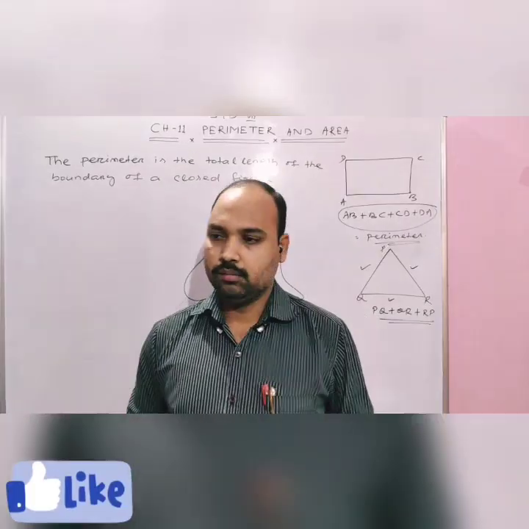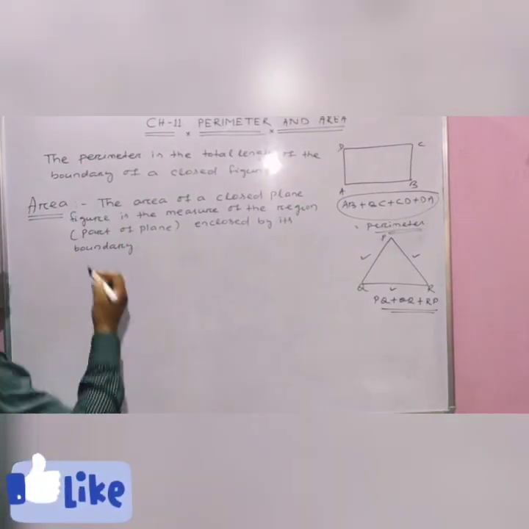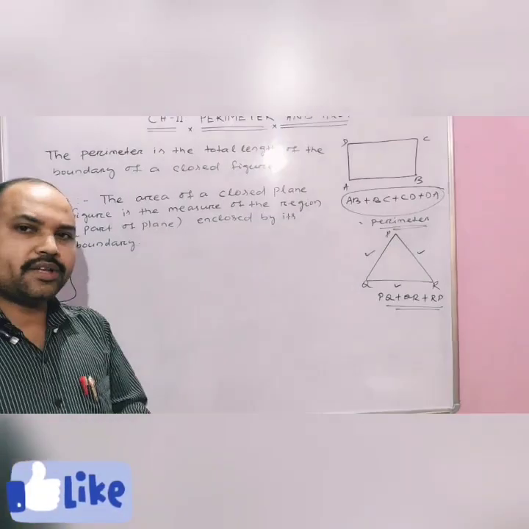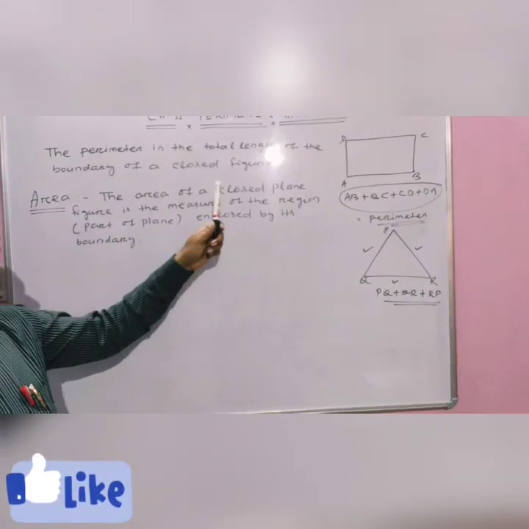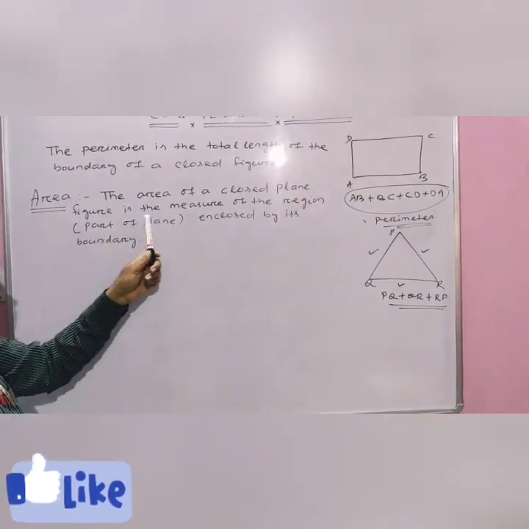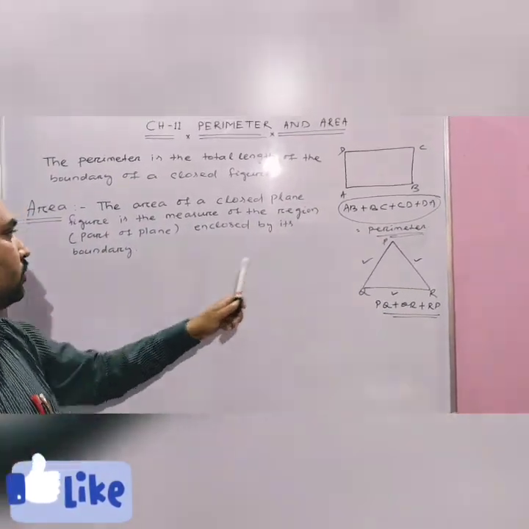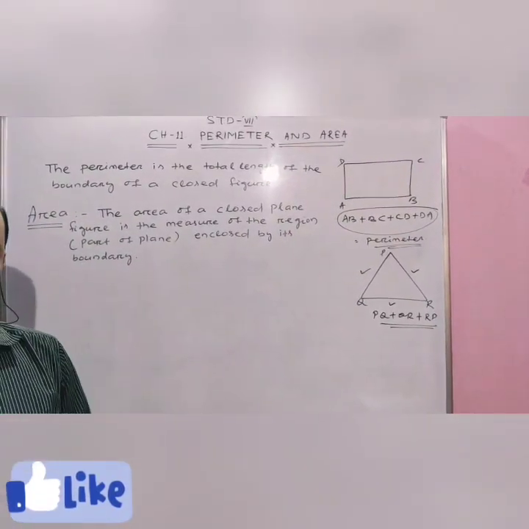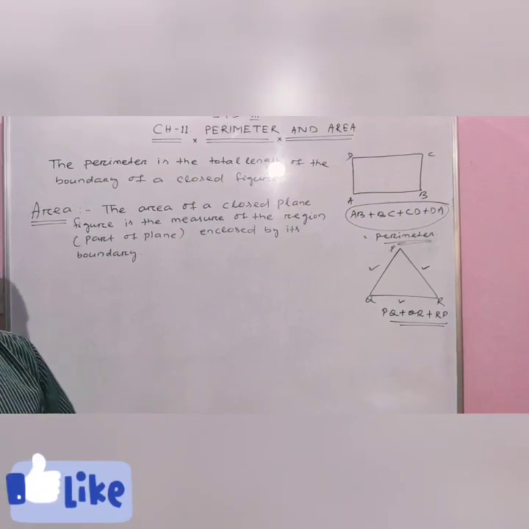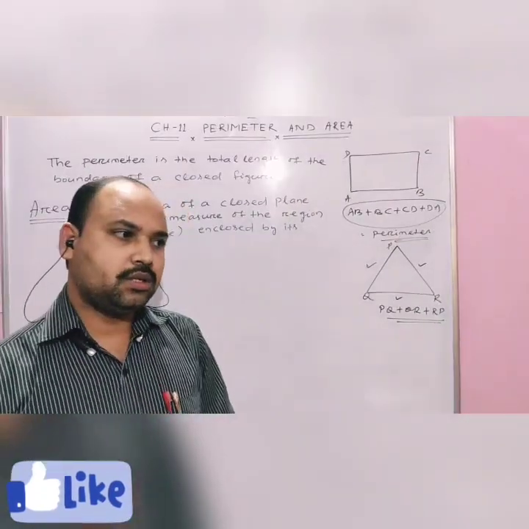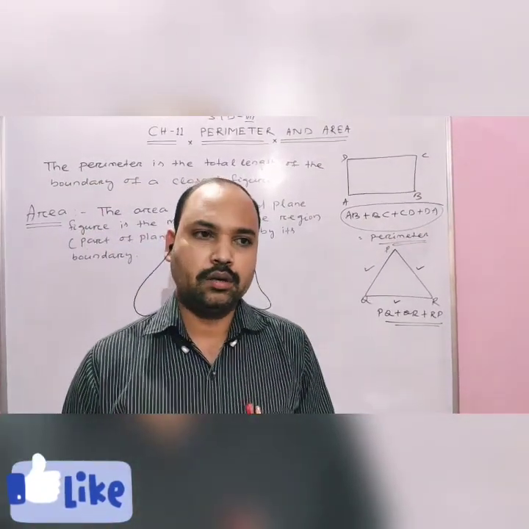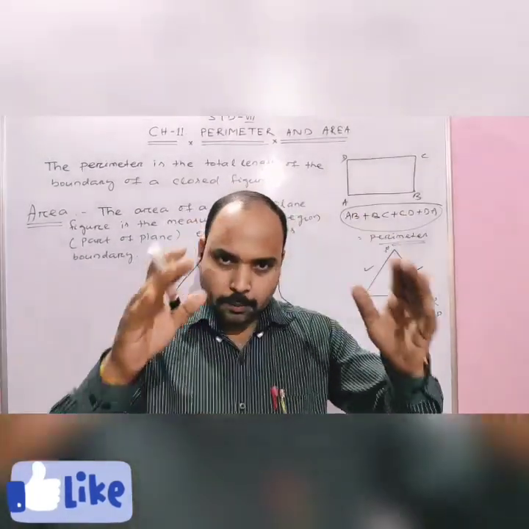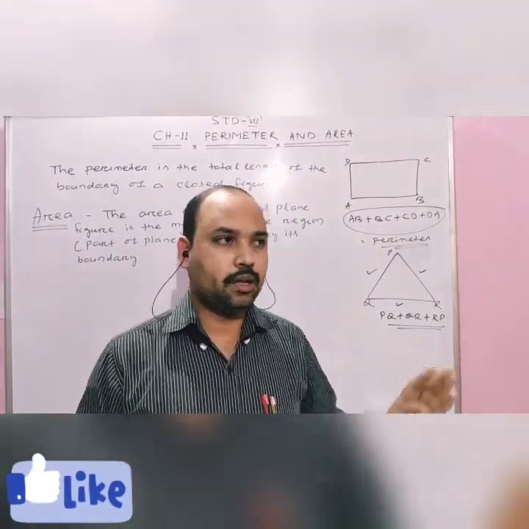What is called area? The area of a closed plane figure is the measure of the region or part of the plane enclosed by its boundary. So how to find the area? Area means every closed figure occupies some place in a plane.